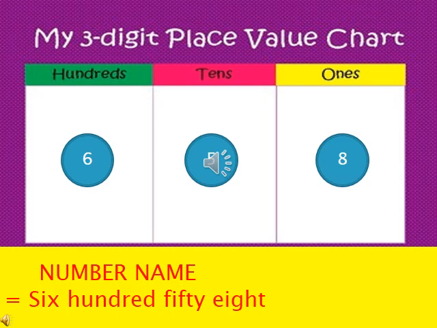So you all know how to read the number formed by ones and tens place. Yes, it is 58. Now, after including the digit at hundreds place, we'll read the number as 658. I will repeat the number. Yes, 658.